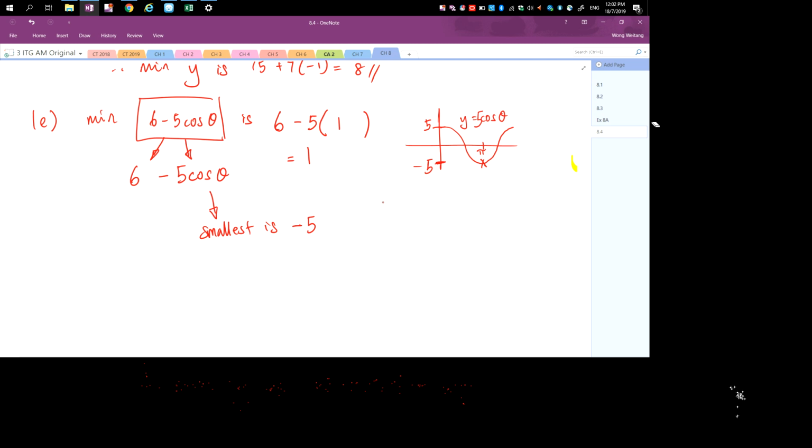Because since I now want the minimum value, I want the smallest value, I will want to minus away a big number so that my answer is very small. So when is 5 cosine theta very big?